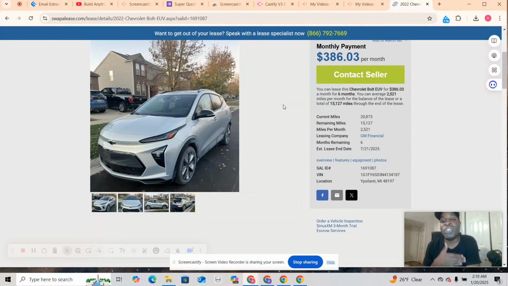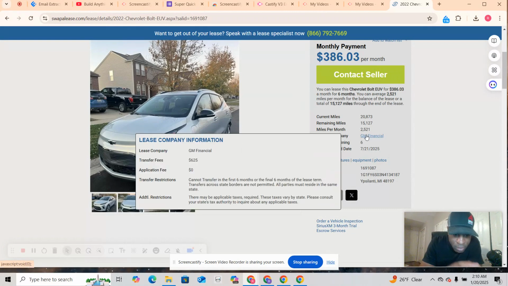That way, once you contact the seller, keep in mind you cannot transfer in the first 6 months or in the final 6 months. So you always want to make sure you get a car that has maybe 7 months on it with a decent payment.